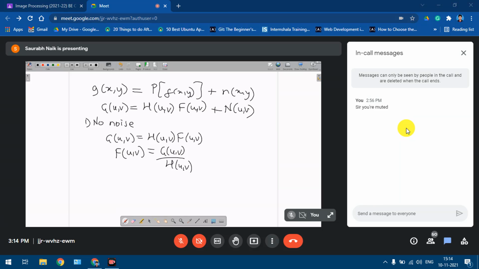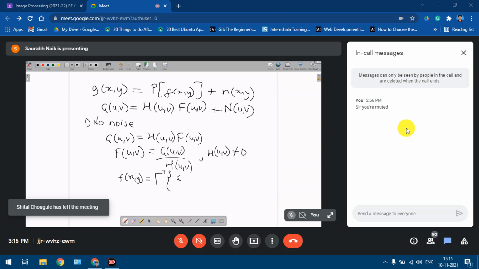Now this will only work if h of u comma v is not equal to 0. Now, when we take the inverse Fourier transform of this equation, what we will get is the original image, that is f of x comma y, is basically the inverse Fourier transform of g of u comma v divided by h of u comma v.